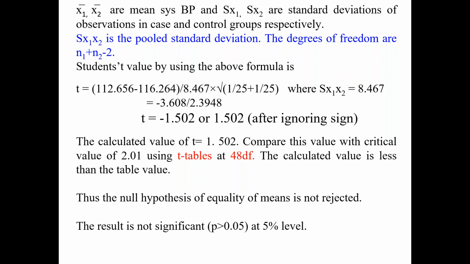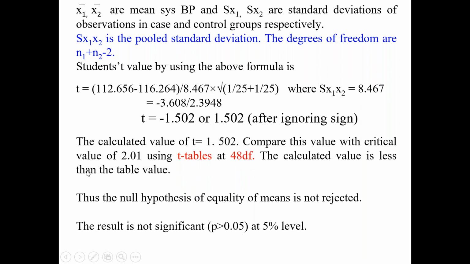From this you can see that it is less than 2. If it is less than 2, then it is a part of the population. So there is no significant difference between the diabetes and the control group in terms of blood pressure. If we take the t distribution tables at degree of freedom 48, the value is 2.